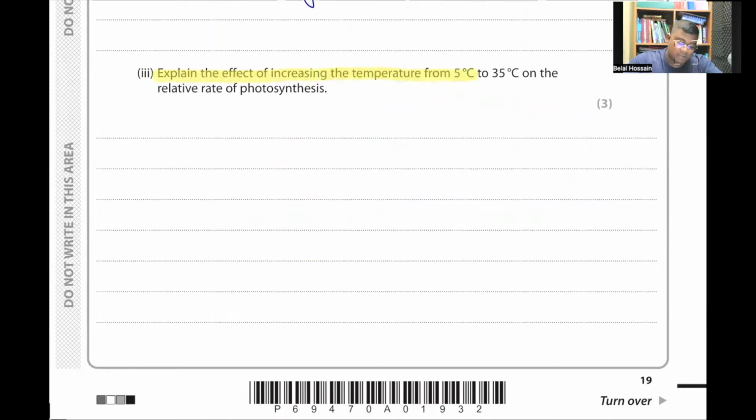Explain the effect of increasing temperature from 5C to 35C on the relative rate of photosynthesis.